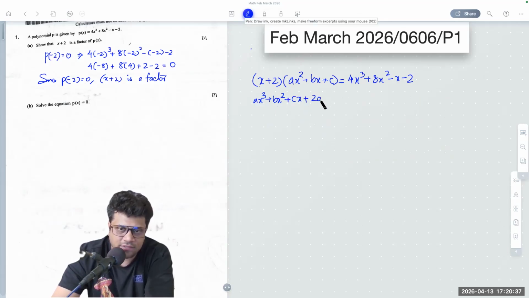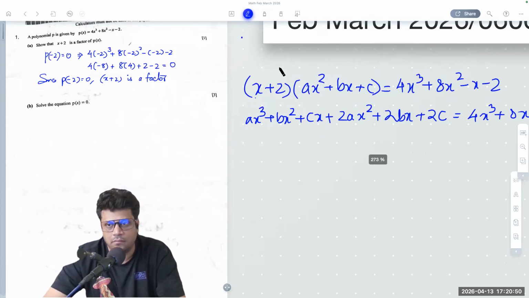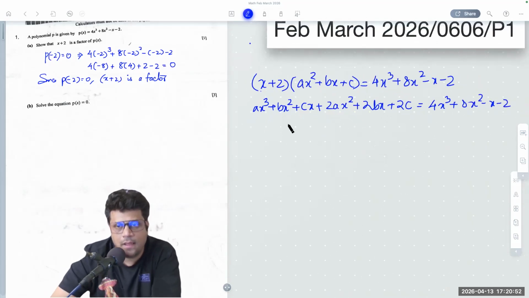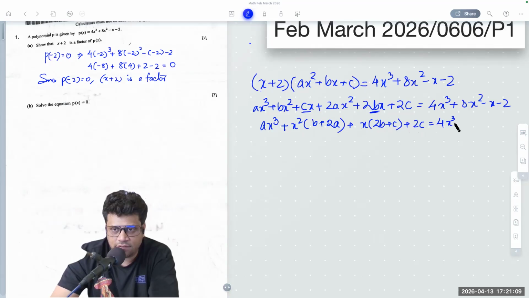And then the 2 multiplies with all of them: 2ax squared, 2bx plus 2c equals the cubic there. Okay. And you have ax cubed plus x squared with b plus 2a, and x with c and 2b. So you go 2b plus c. That was the mistake, I think. And the 4x cubed plus 8x squared minus x minus 2.